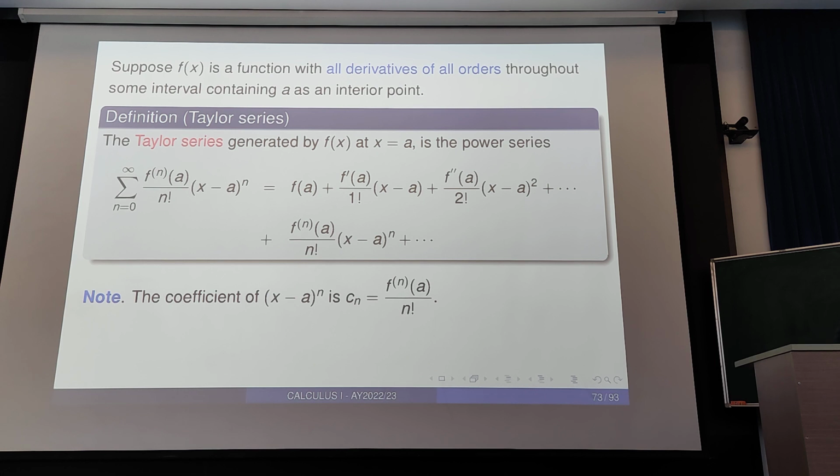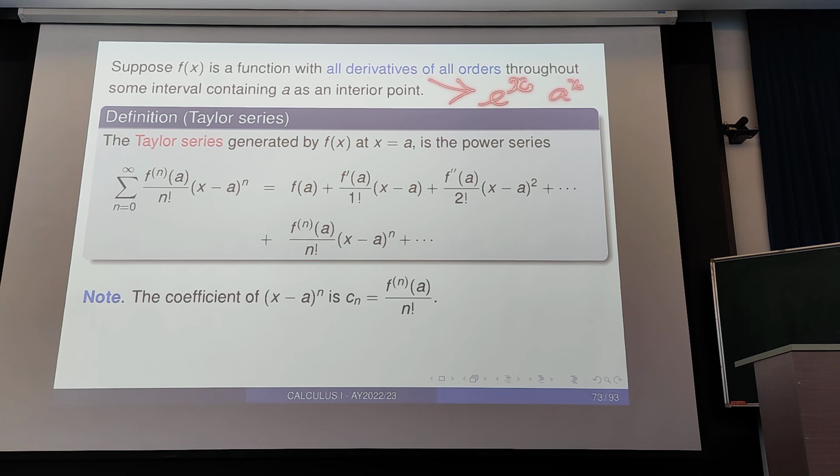So we start with the definition of the Taylor series. To define a Taylor series generated by a function f at x equal to a, we need to assume that the function f has derivatives of all orders. You can see easily one example of this kind of function is the exponential function, e to the x or a to the x, right?